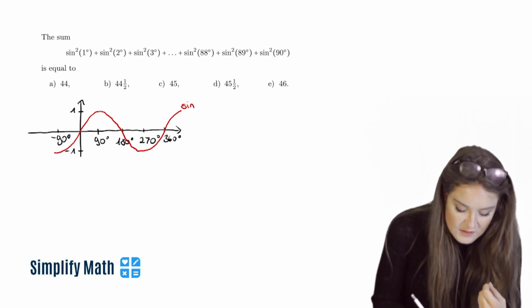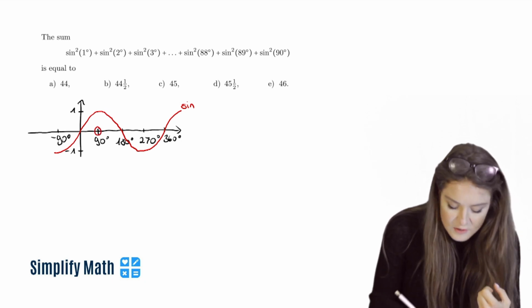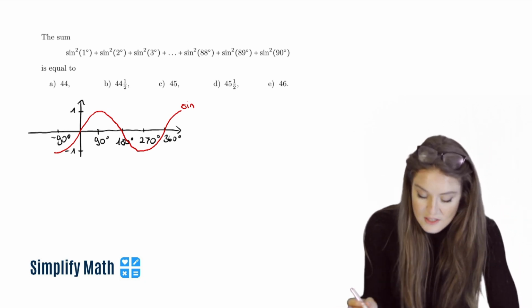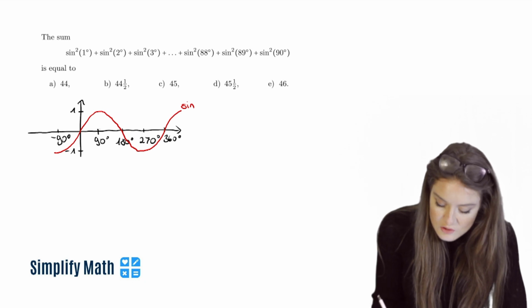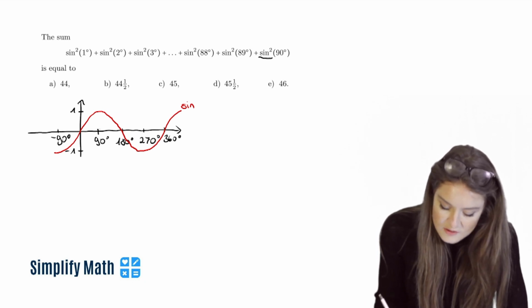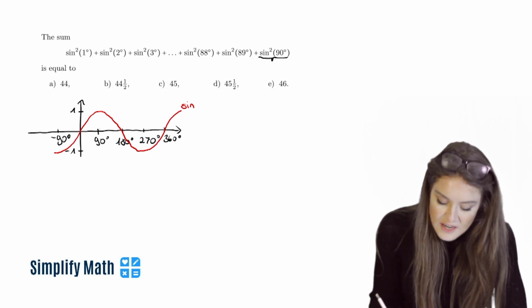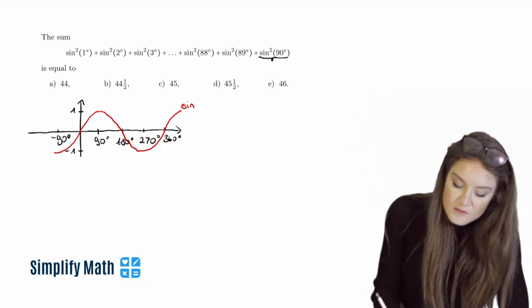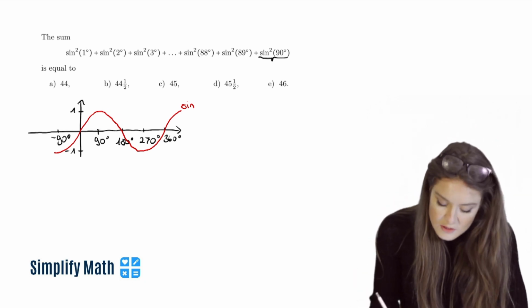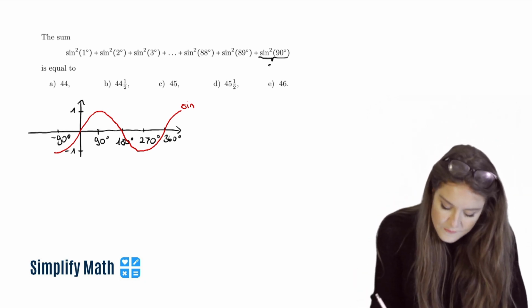But we can see at least that sine of 90 degrees, because there's a maximum, equals 1. So we have at least one term in our sum, sine square of 90 degrees, because as sine of 90 degrees is 1, sine square of 90 degrees also equals 1.